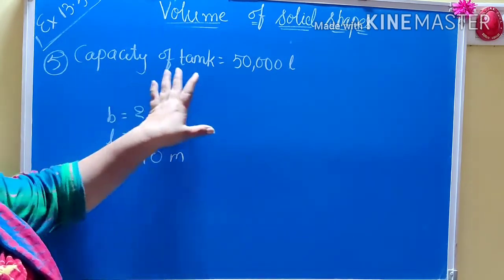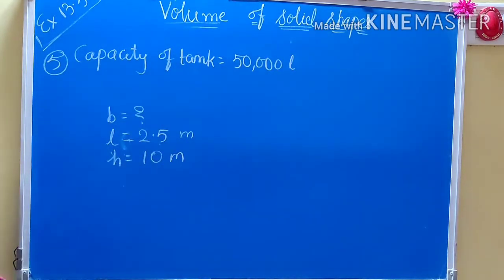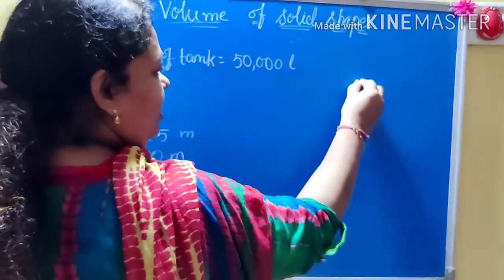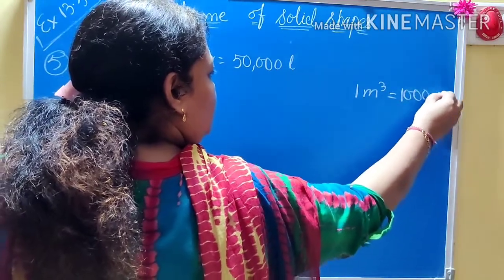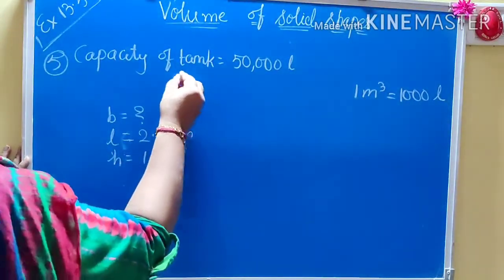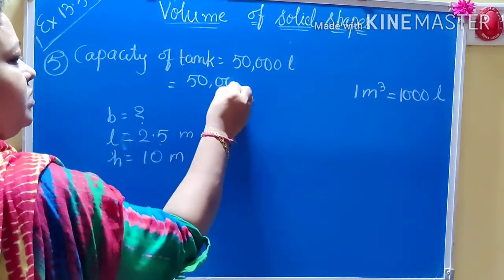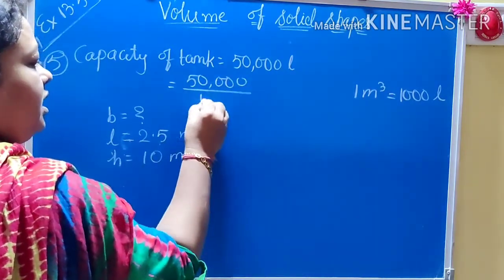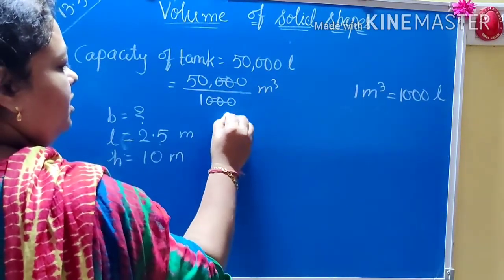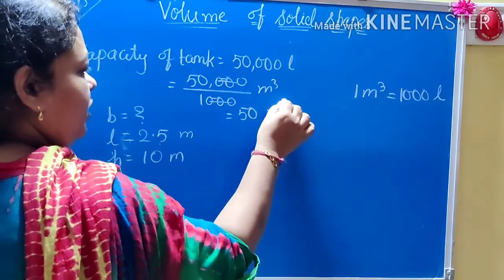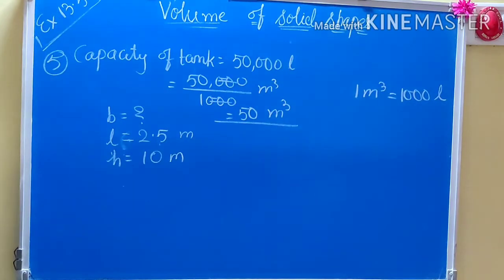So first of all we have to convert the capacity from liter to meter cube. We have the conversion factor that 1 meter cube is equal to 1000 liter. So we convert by dividing 50,000 liter by 1000, and we get 50 meter cube. This 50 meter cube is the volume of that cuboidal tank.